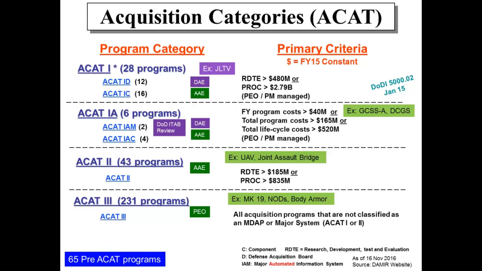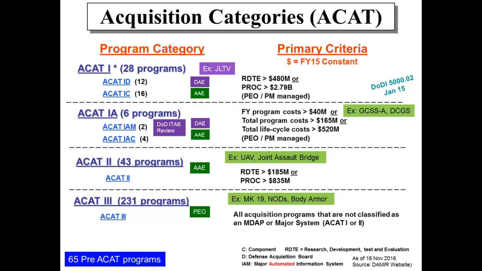Under the primary criteria, if research, development, testing, and evaluation is greater than $480 million or the procurement cost is more than $2.79 billion, it is an ACAT 1 program, and it has to be approved by the Defense Acquisition Executive, or in the case of an ACAT 1C, C being for component, the Army Acquisition Executive. They sign off on the program, saying yes, it's good, we can continue to move forward.